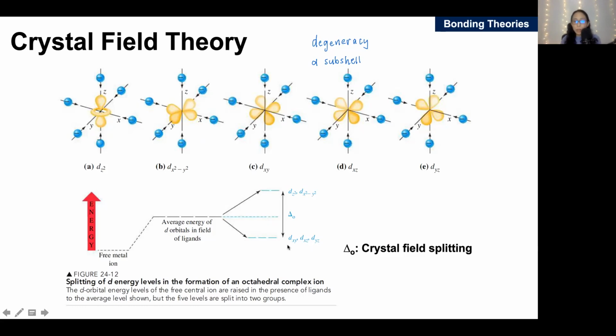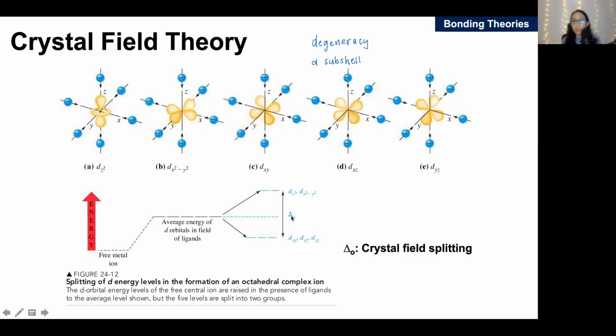So from here, you see their delta naught. This delta naught is what we call the crystal field splitting. The crystal field splitting is the energy difference of the split energy levels. So it's the energy difference between the z squared and x squared minus y squared orbitals and the xy, xz, and yz orbitals.